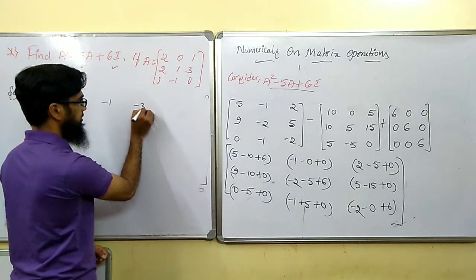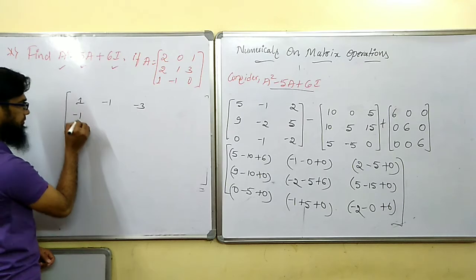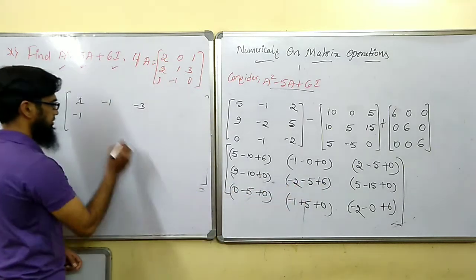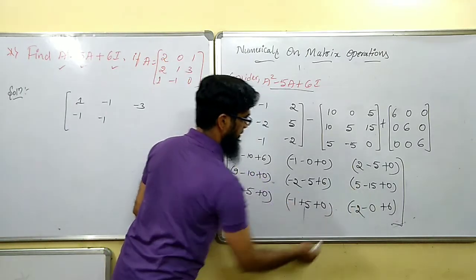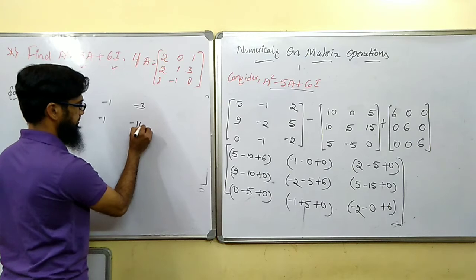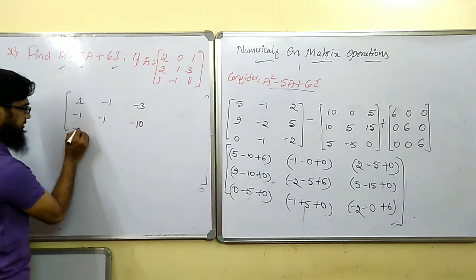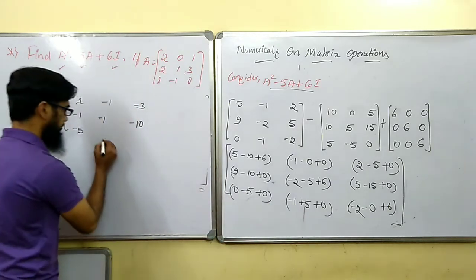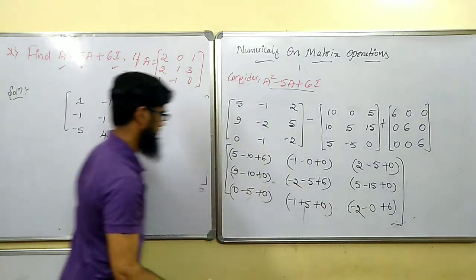The second row, first column element is minus 1 again. This is minus 7 plus 6, which is minus 1. Then 5 minus 15 is minus 10. In the third row, third column, this is minus 5, so minus 1 plus 5 is plus 4. And the last one is minus 2 plus 6, which is plus 4.